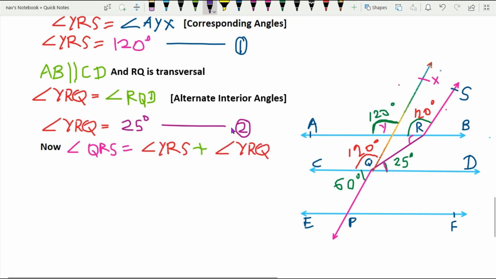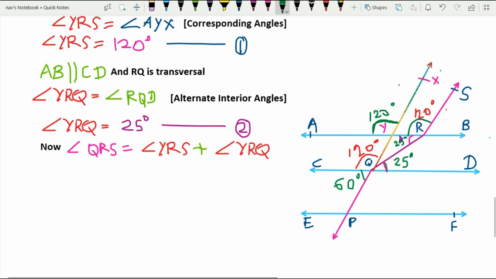I have explained in the beginning that we have to find angle QRS. So in the beginning of the question I explained that angle QRS equals the sum of these two angles, angle YRS plus angle YRQ.